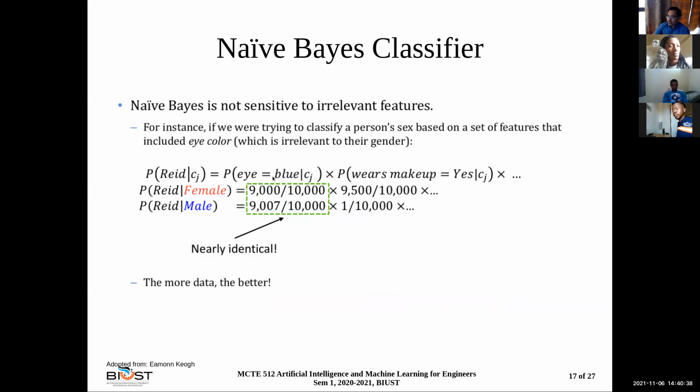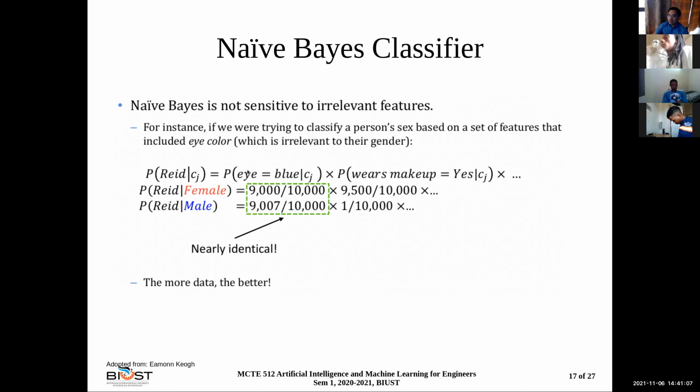But anyway, if we try to classify a person's sex given the set of features that included eye color, what is the probability that the person is male or female?